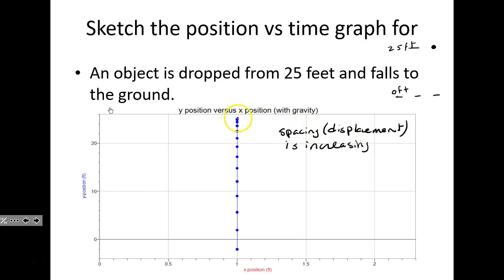Each time interval between each of these dots is the same, so the displacement is increasing with constant time interval. Okay, so that's what it means to accelerate. In this case, we've got an acceleration that's going to cause the object to speed up.